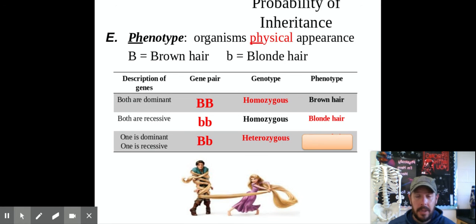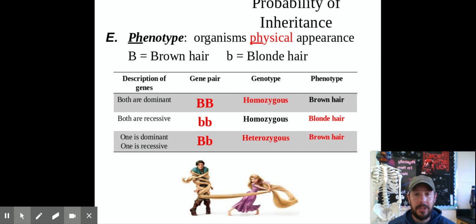Now, even if we are heterozygous, we don't say that's some nice heterozygous hair. What do we say? If there's one dominant and one recessive, which one's going to show itself? Bones? The dominant one. Very good. So your phenotype, or what you actually would look like, is you would have brown hair because you have the dominant trait for brown hair being expressed.